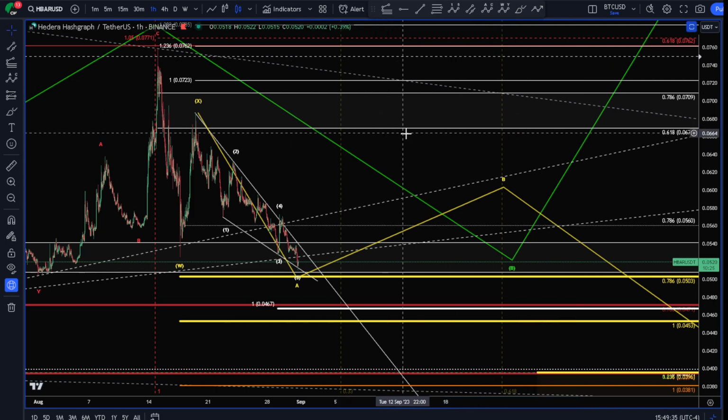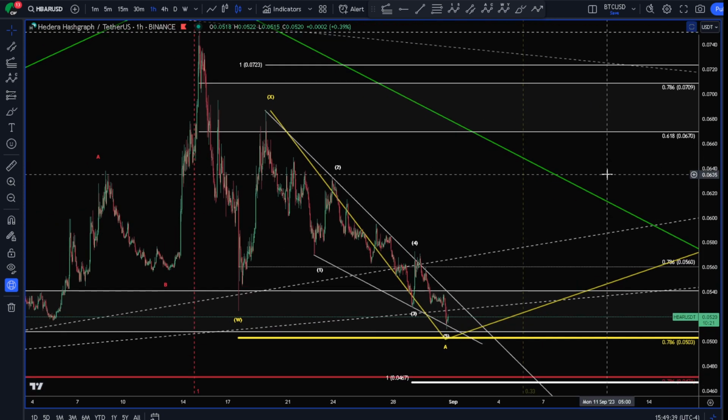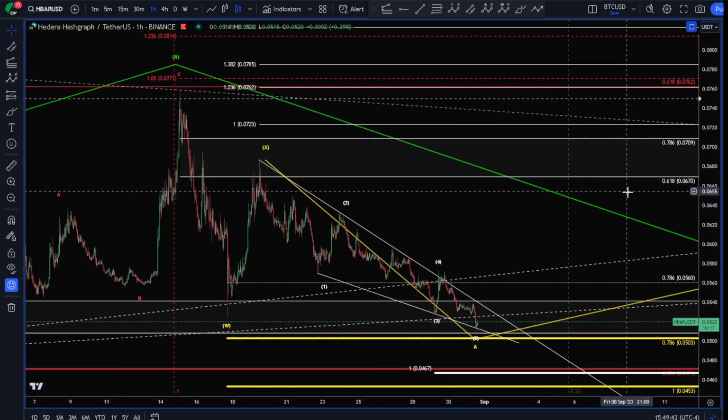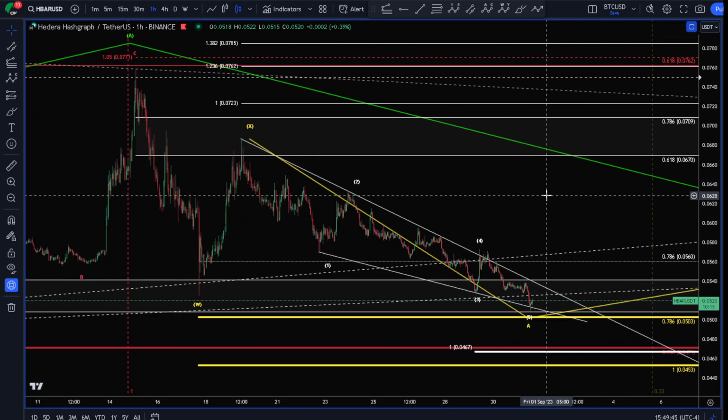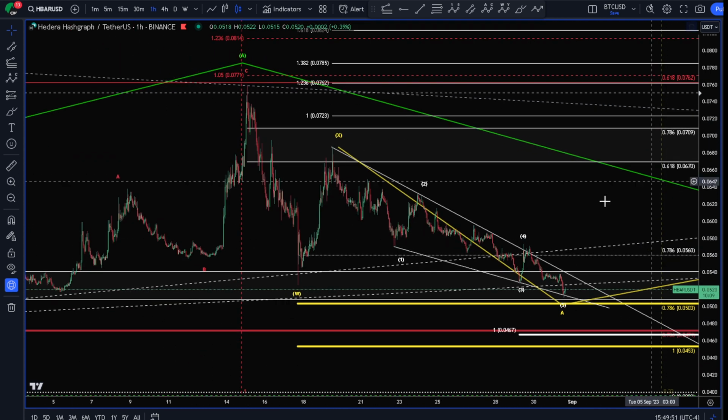And you can see both ways we end up moving up for the next move in a corrective manner. Now, another thing I'm considering is that this is a flat in itself in a beginning A wave.